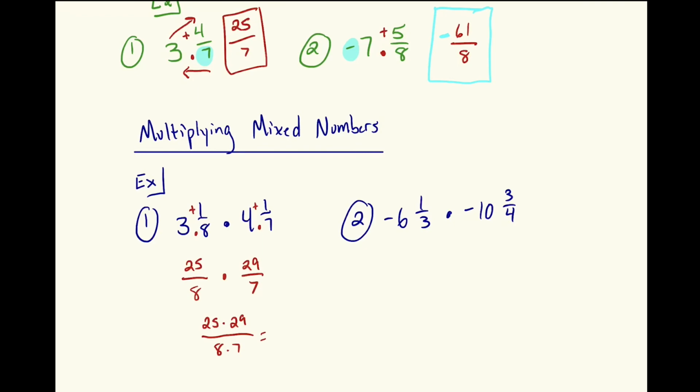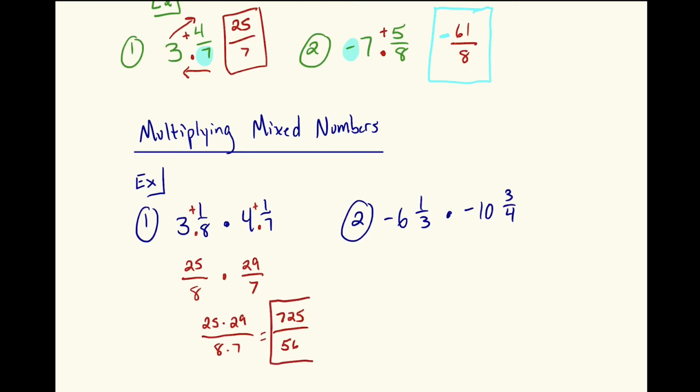All right, so now that we have done that, all we have to do is multiply across the top. So 25 times 29 is 725. 7 times 8 is 56. And now what we want to check is, hey, can we simplify 725 and 56? Can it reduce?